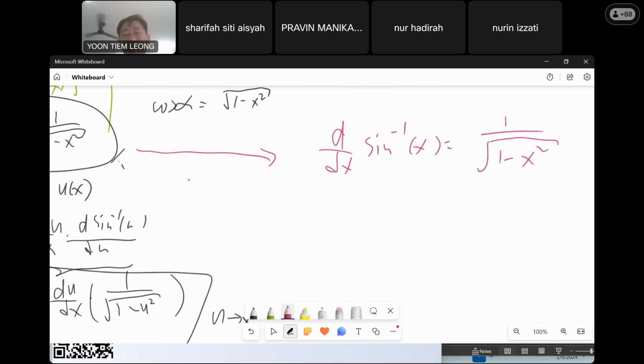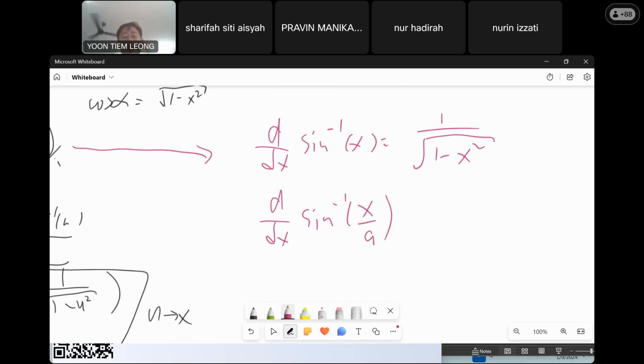So I'm going to show you that arc sine of x over a. How do you calculate the d dx of arc sine of a, given that you know this knowledge? Now, once we have obtained the answer to the d dx of arc sine of x over a, then you can generalize this to arc sine of u over a.